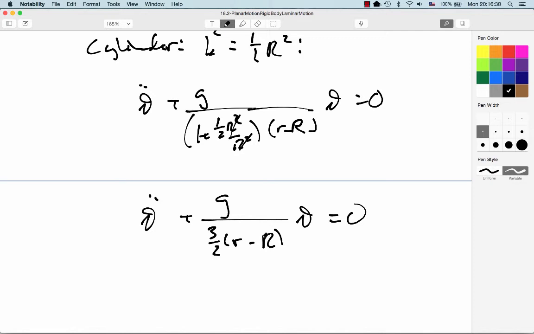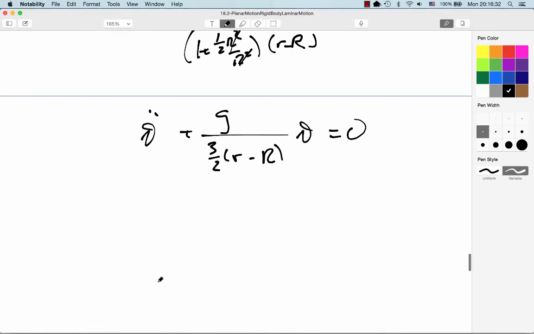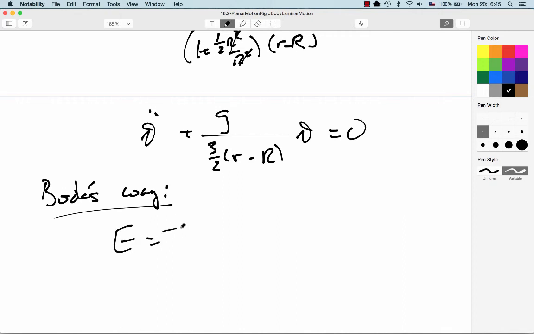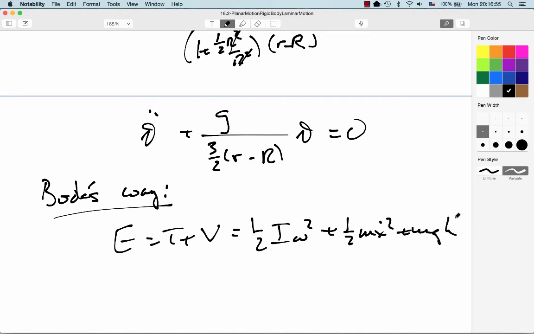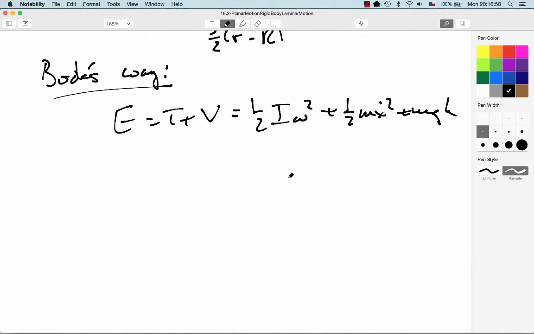Okay. Now the book did it a different way. They did energy. So just to show that there's more than one way to skin a cat, we'll say that the energy, which is equal to kinetic plus potential, is 1/2 I omega squared plus 1/2 m x dot squared plus mgh. Okay, so our h is going to be equal to R minus r times 1 minus cosine theta.